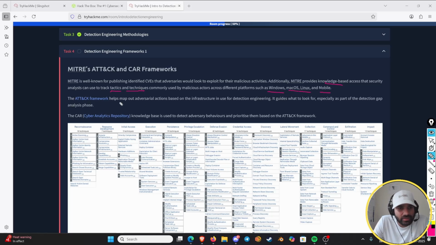The ATT&CK framework helps map out adversarial action based on infrastructure in use for detection engineering. It guides what to look for, especially as part of the detection gap analysis phase. The CAR, Cyber Analytics Repository knowledge base, is used to detect adversary behavior and prioritize them based on the ATT&CK framework.